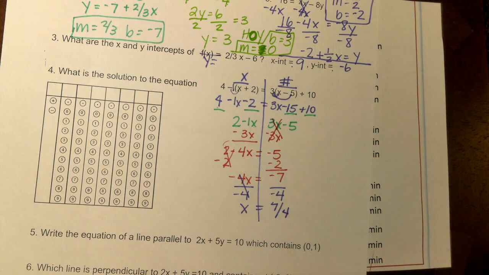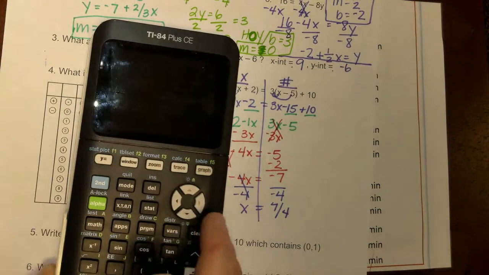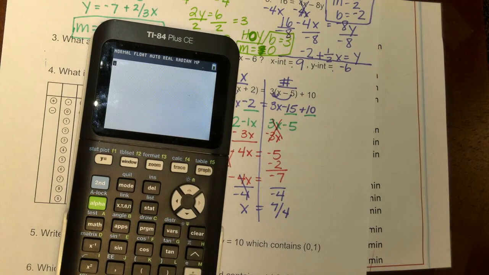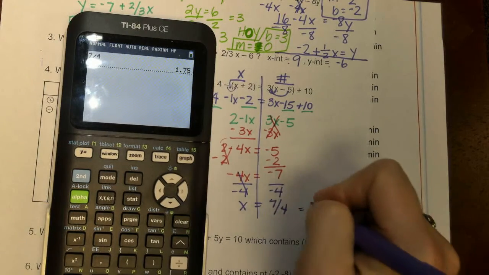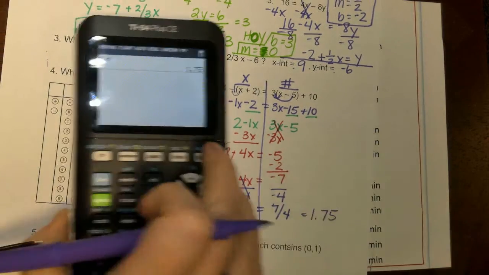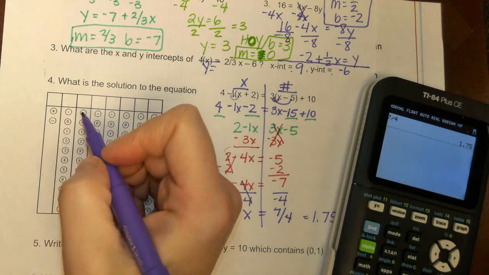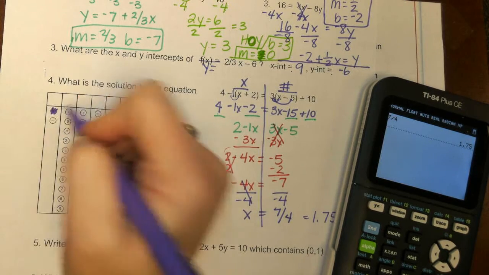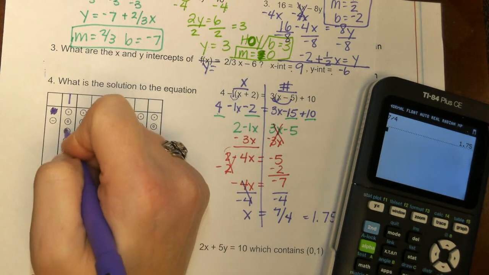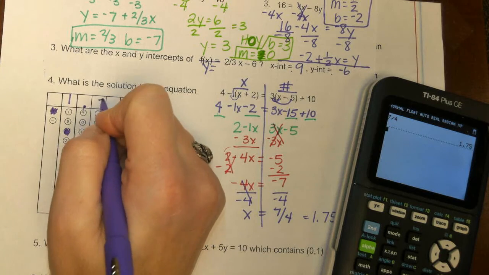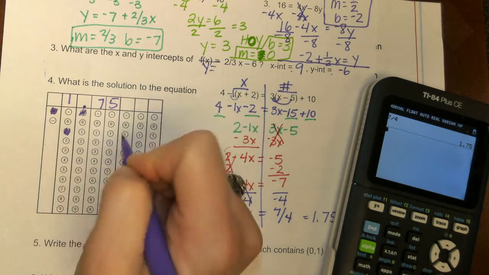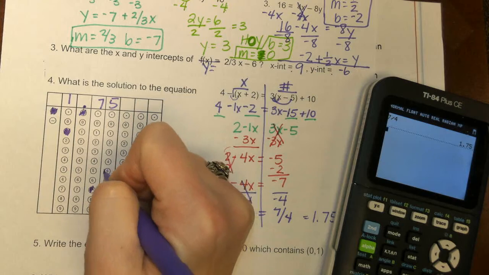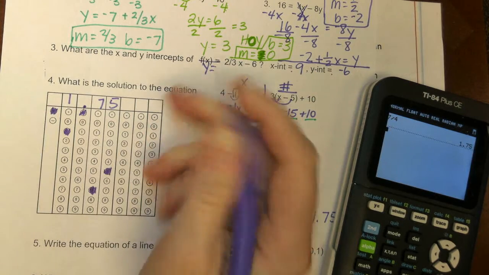Well, on my calculator, when I do 7 divided by 4, I get 1.75. So we have to have it in decimal form at least for the bubble sheets. It's positive 1.75, and I will just fill those bubbles in just like so. Okay?